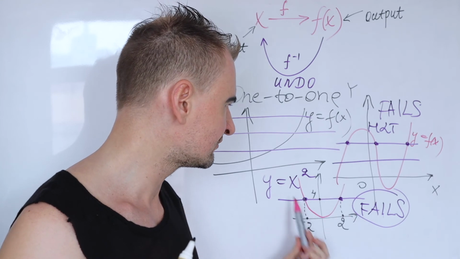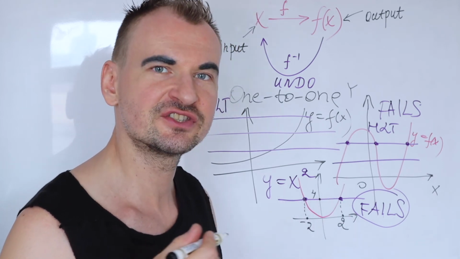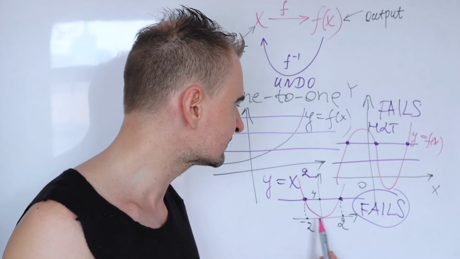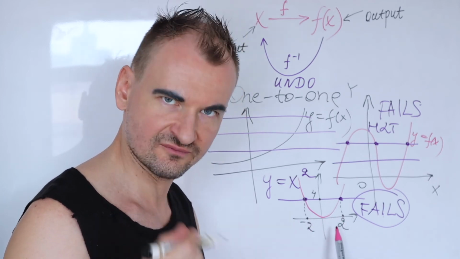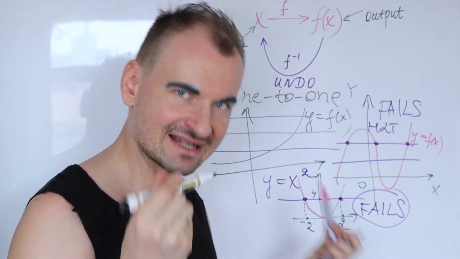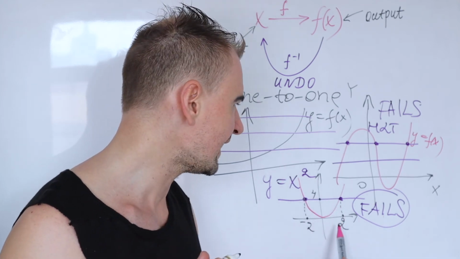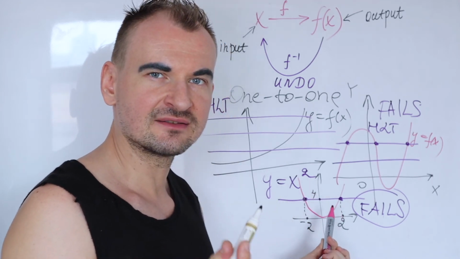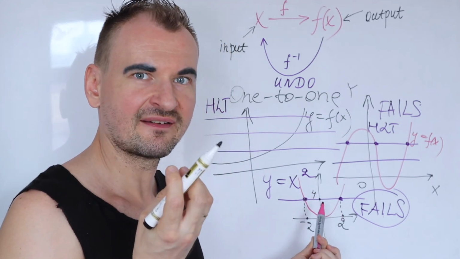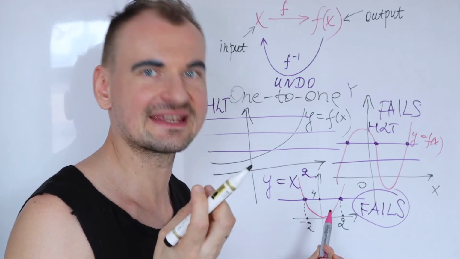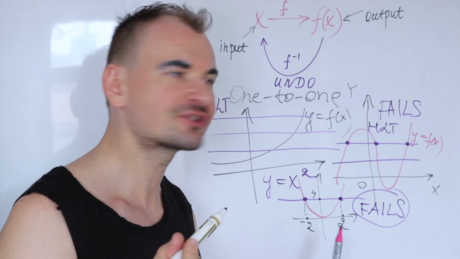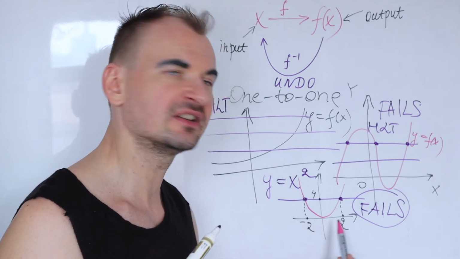So you could actually test it by just finding two distinct values of x and finding the same value of y, the same output or image that corresponds to these different values of x.